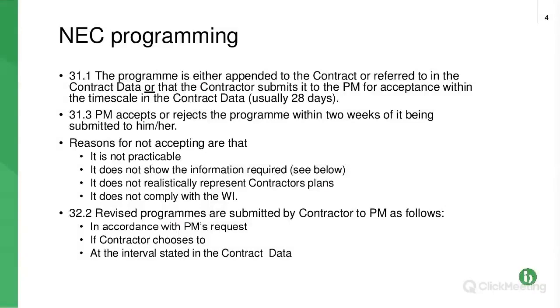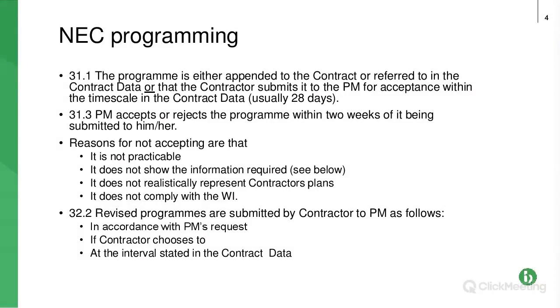So moving on to this final key main bullet point, 32.2. The contractor, or in a subcontract, the subcontractor, has to submit revised programmes throughout the project. So that is one of the key distinguishing factors of the NEC form of contract.